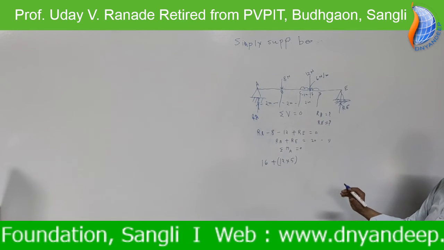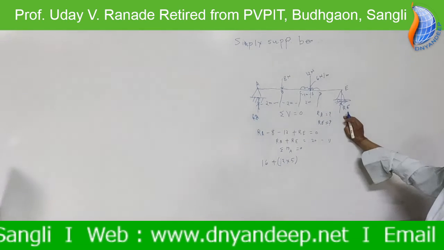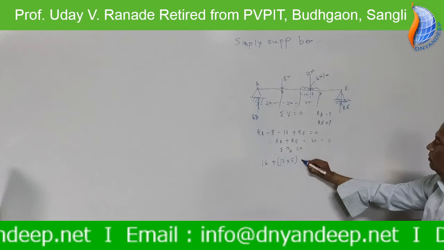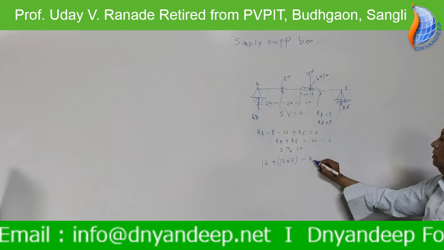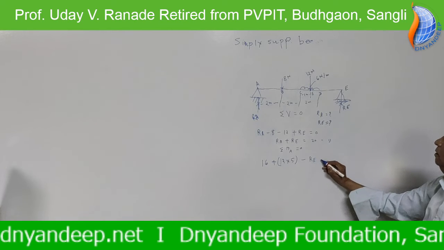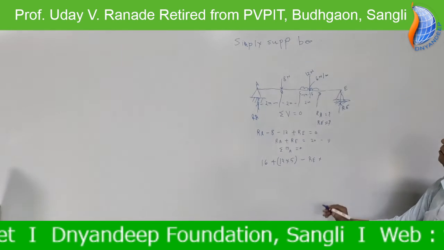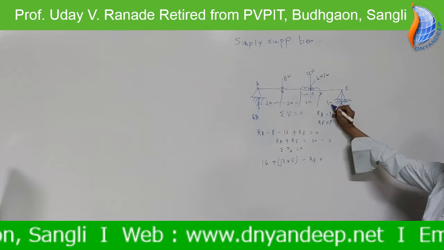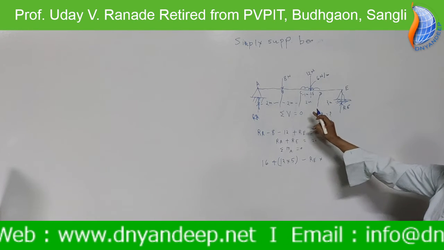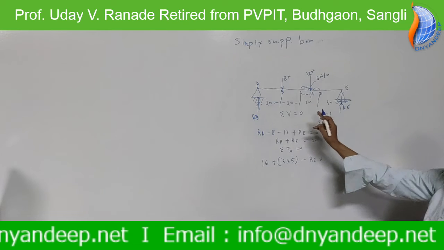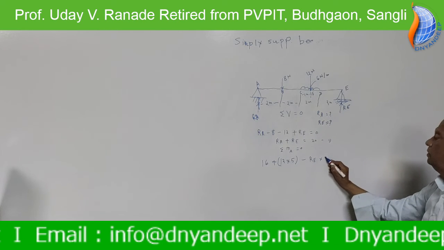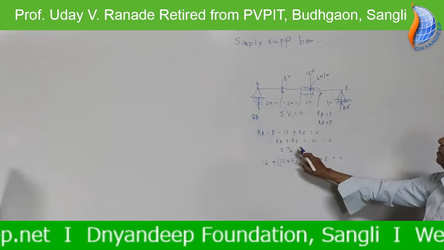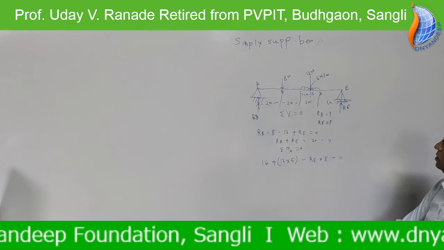Now is this complete? No. Moment of RE. What is the moment of RE? In anti-clockwise. So minus RE into what is the distance? Total distance. Sorry, this distance is 2 meters. So 4 plus 4, 8. RE into 8 equal to 0. Summation of moment. Simplify.